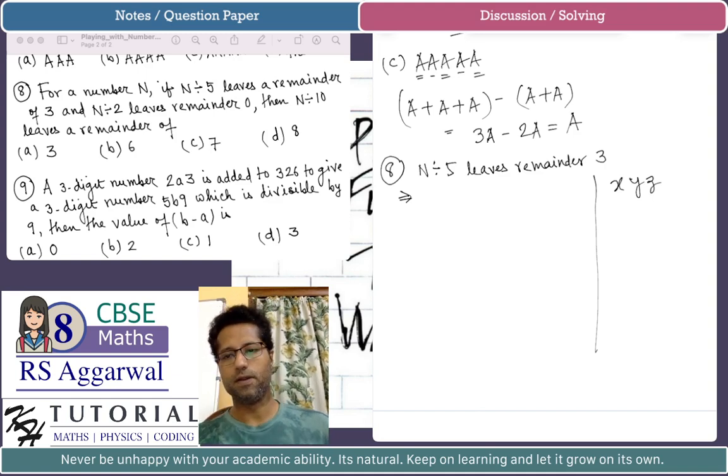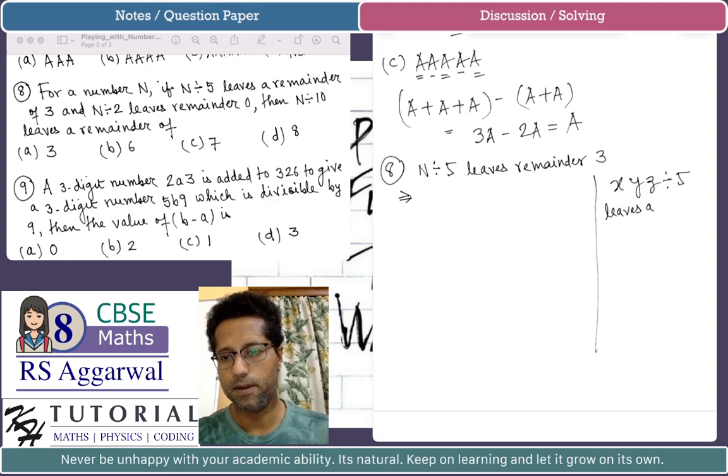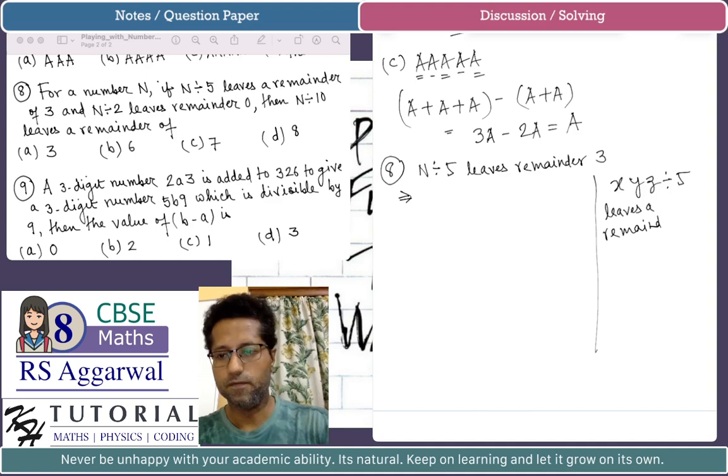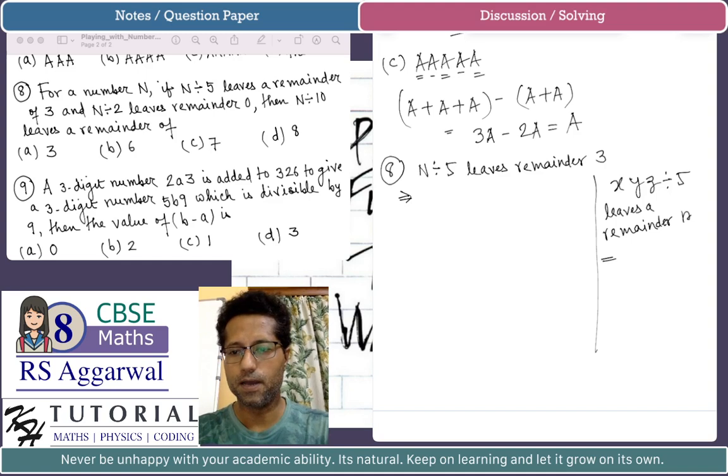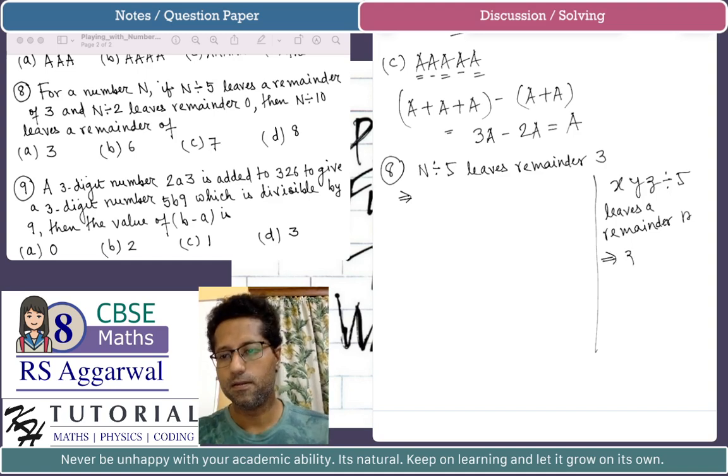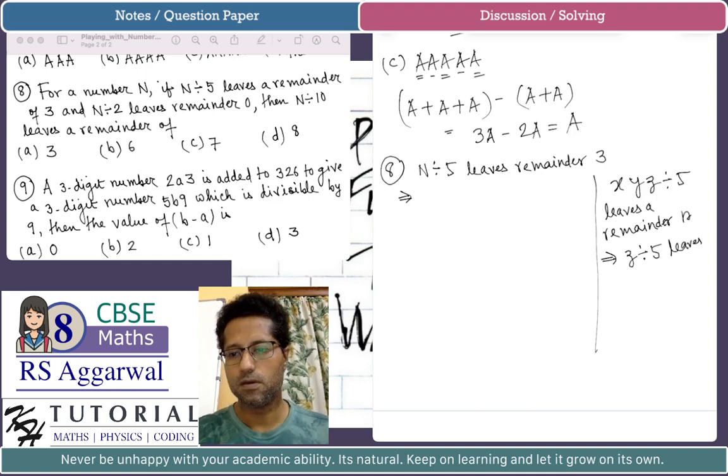If this number when divided by 5 leaves a remainder, let's say r, this will imply that z divided by 5 leaves a remainder r.